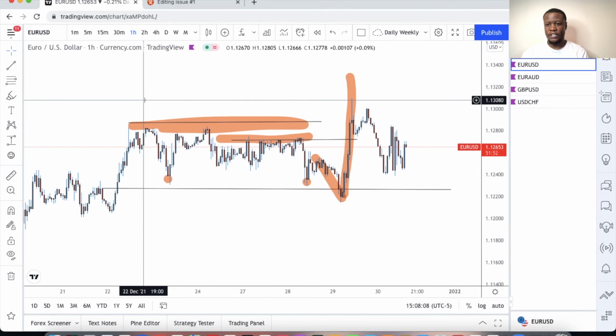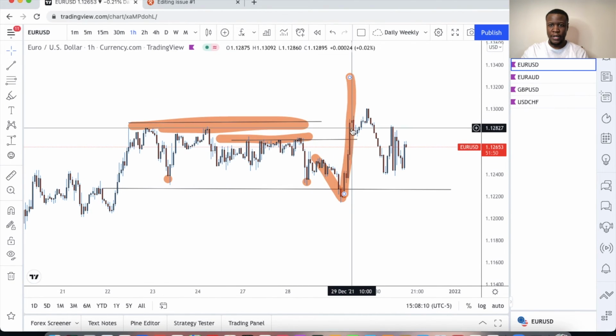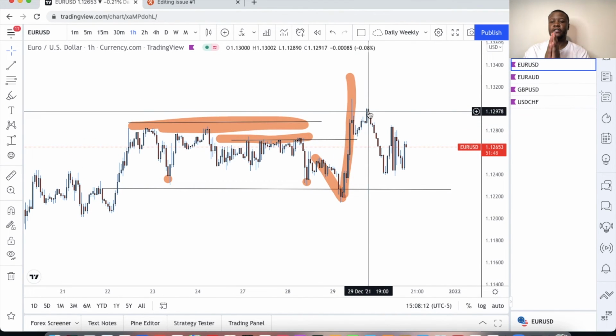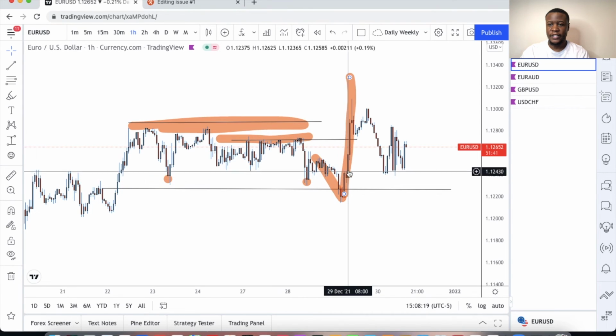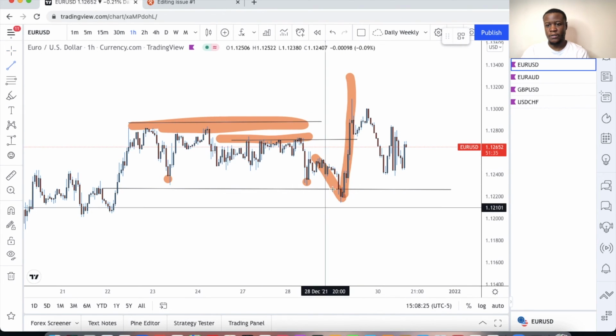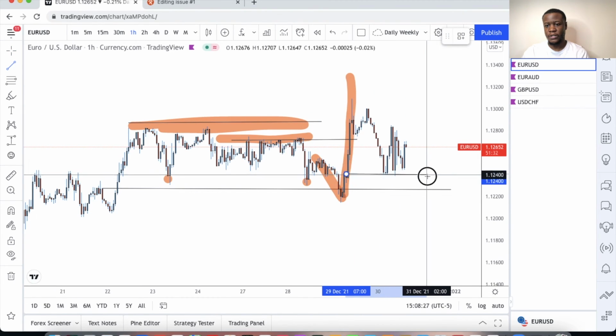So you'll be good. And as you can see, it does pull back. And why does it do that? Once again, like I said, you have this down candle right here, and it took off. So the market is going to want to rebalance at some point, which it does.